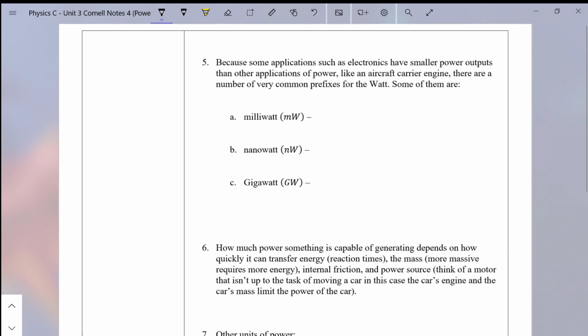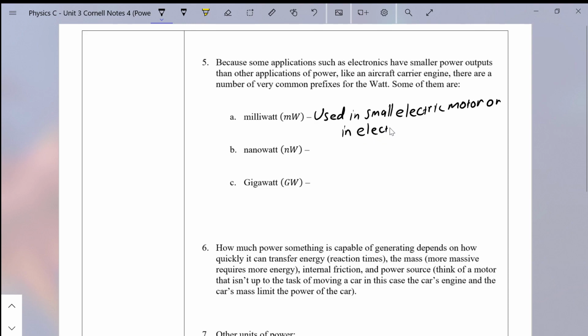Those are the milliwatt, first of all. The milliwatt is the same thing you think of, millimeter. It's 1/1000th of a watt. And this is typically used when you have small electric motors, or in electronic systems.